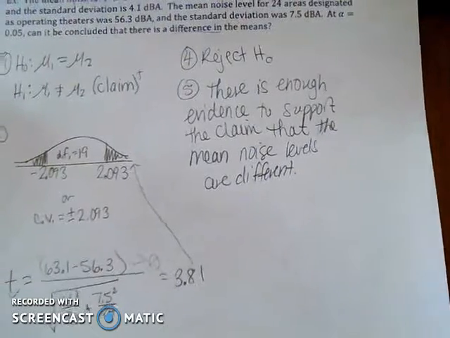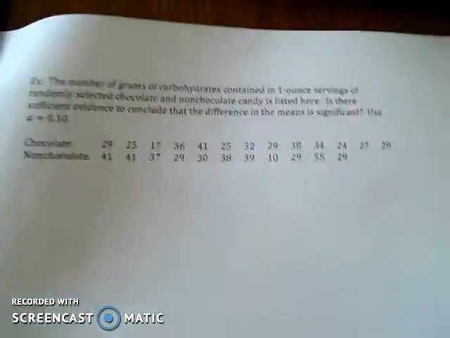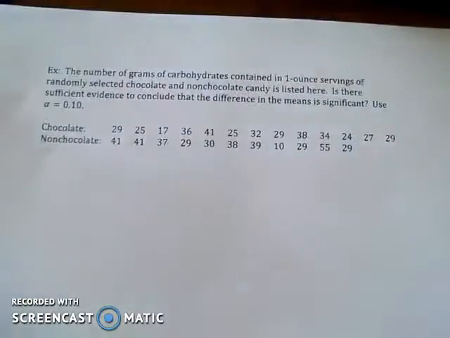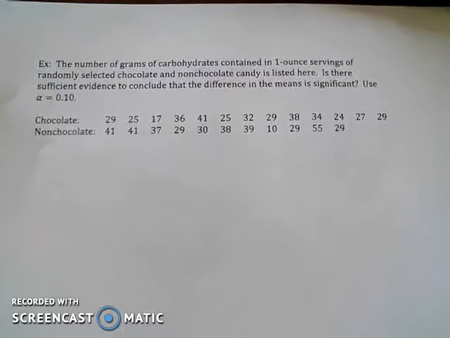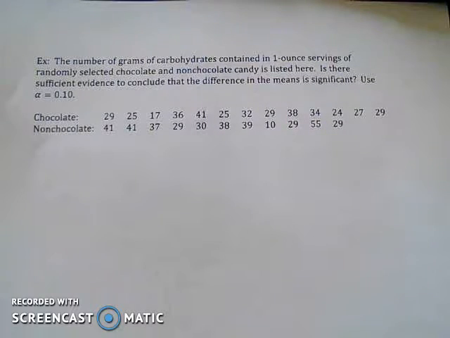All right, last one. Now they give you all the data and you get to do all the work yourself. We're looking to see the number of grams of carbs in a 1 ounce serving of chocolate and non-chocolate candy. We want to know if we can conclude that there is a difference in the number of grams of carbohydrates in 1 ounce serving of candy, which is never enough, but that's okay.